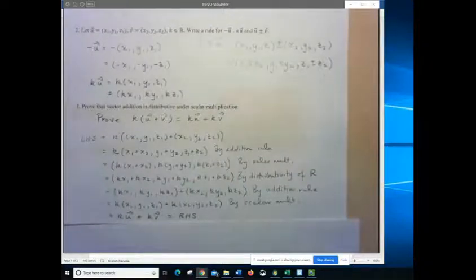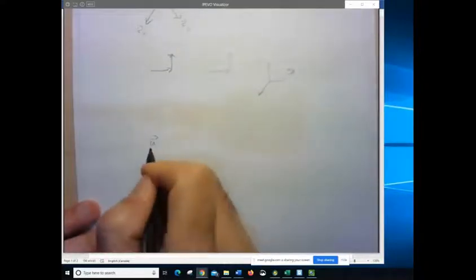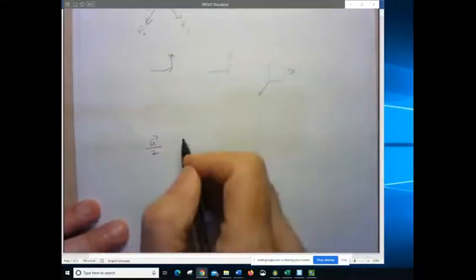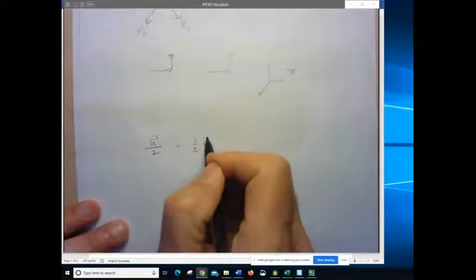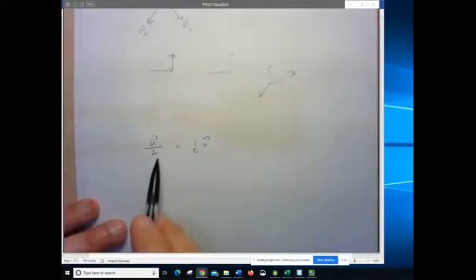So what do you mean by division? Be more precise, because I can say that if I have a vector u, I can divide that by 2, because that's the same as 1/2 times vector u, so scalar multiplication. So in some ways we have brought in this idea of division.